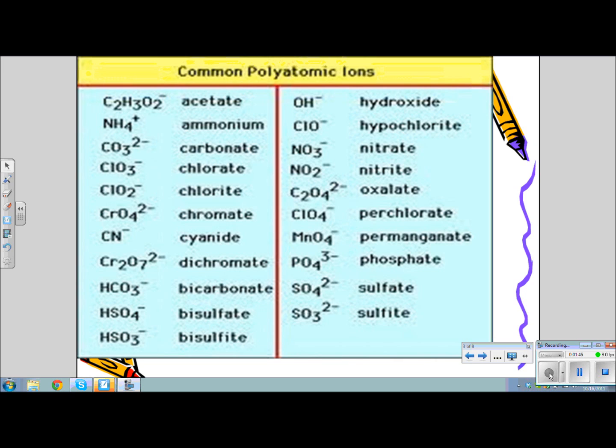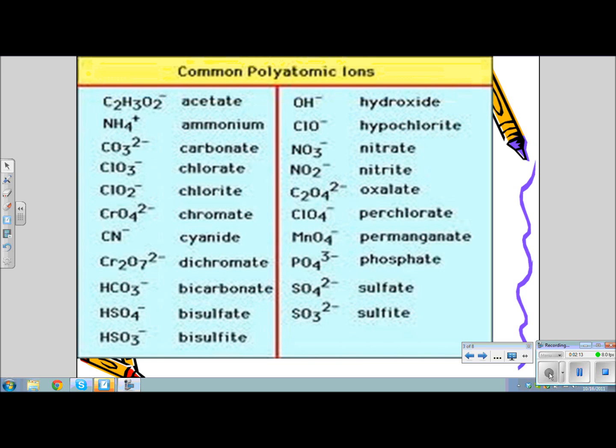Notice that many of them end in ATE or ITE. This means that there are oxygens in the polyatomic ion. Find chlorate and chlorite, for instance. Take a look at chlorate and chlorite on the left-hand column.